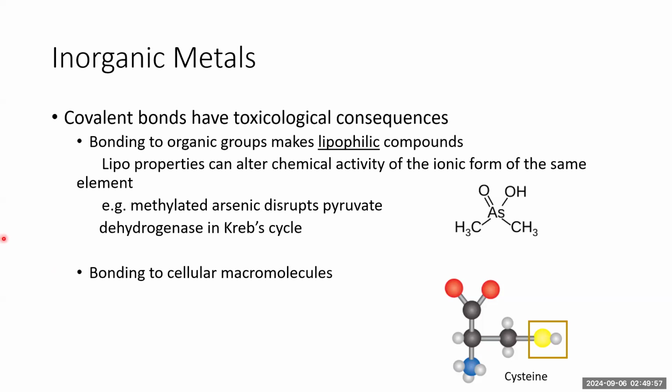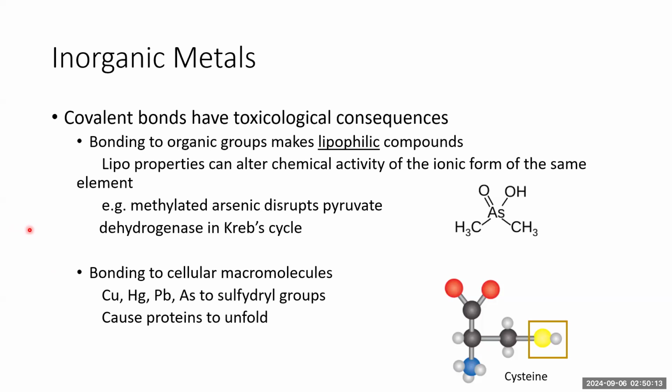Some other things that these covalent bonds can do is they can malform proteins and other enzymes that our bodies find useful. One of the particular ways in which this can happen is that metals can react. Certain metals like copper, mercury, lead, and arsenic are particularly reactive with sulfhydryl groups.